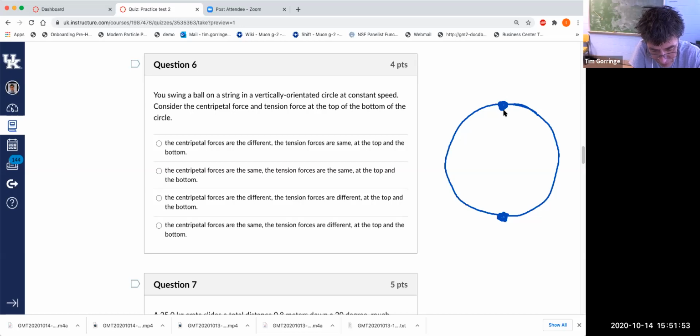And so that means that there's a constant in size centripetal force that's acting towards the center of the circle. So it always acts towards the center, and it has the same size because v is constant.